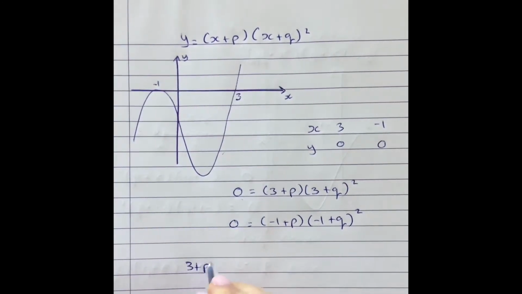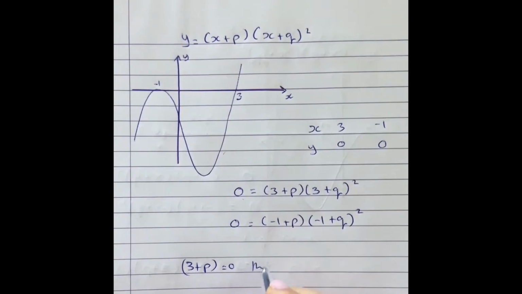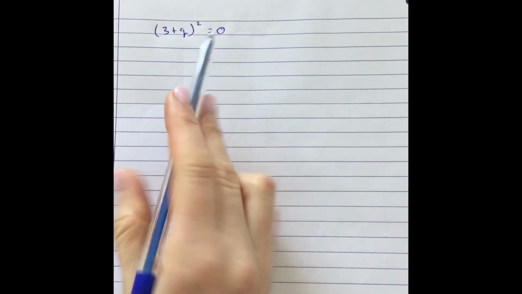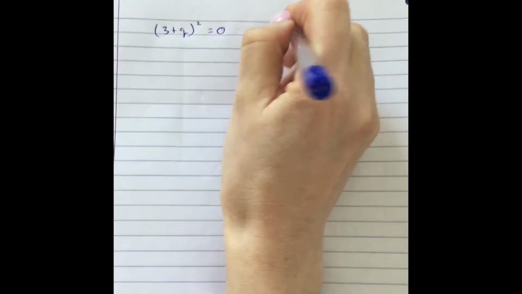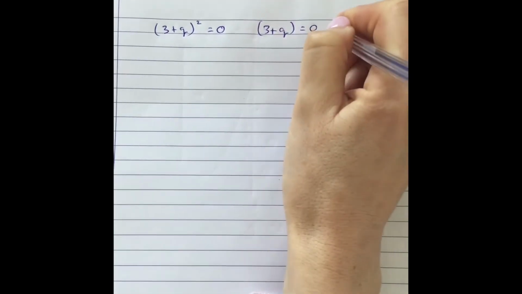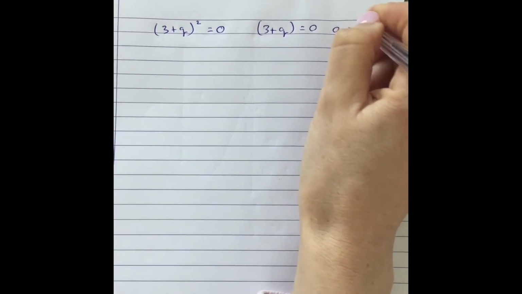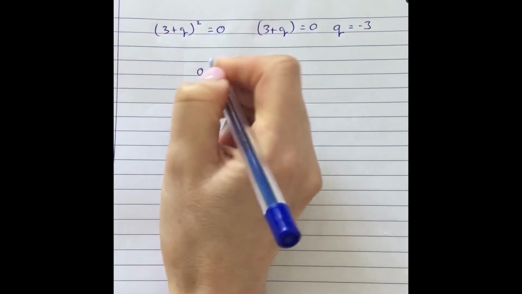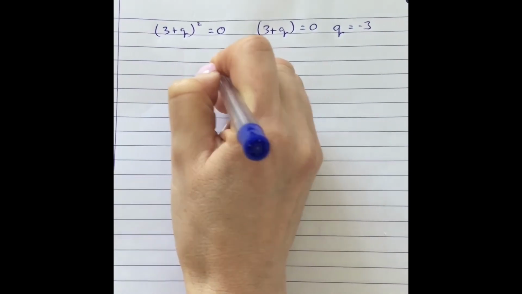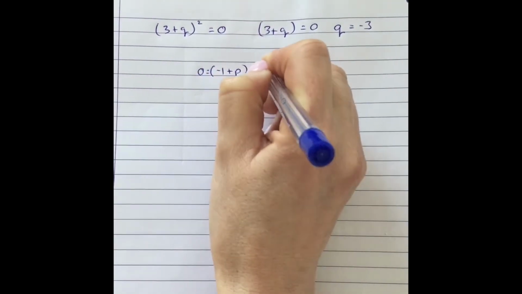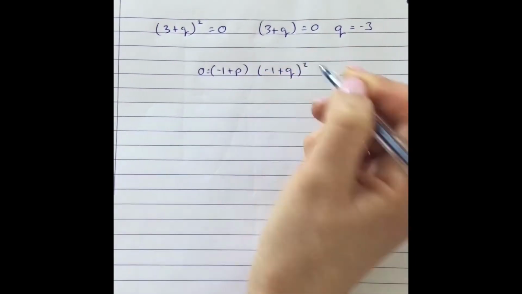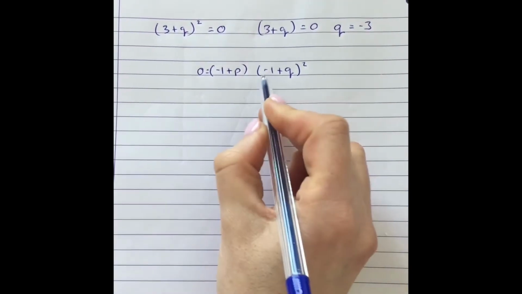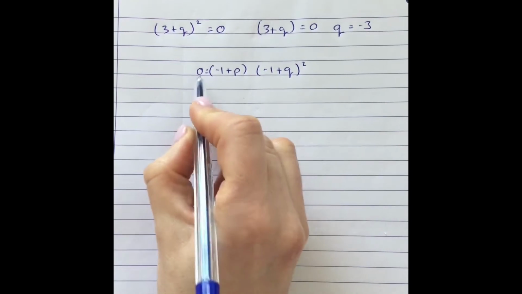If 3 plus p equals 0, then p would equal minus 3, and if 3 plus q squared is equal to 0, then 3 plus q must equal 0, and that would give rise to q being equal to minus 3 as well. Similarly, when you put minus 1 into the equation, either this is 0 to make this product 0, or this is 0 to make the whole product equal to 0.